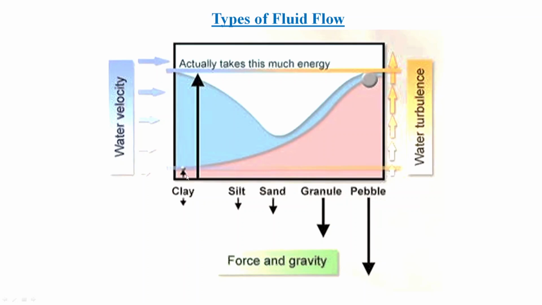Again, if I look back at clay, clay requires only very little turbulence to lift it up, because it is quite light in comparison to all the other size particles, be it silt, sand, granule or pebble. So you need only this much energy to lift the clay particles, but you need to cross this much turbulence and gain this much velocity to actually move the particle.